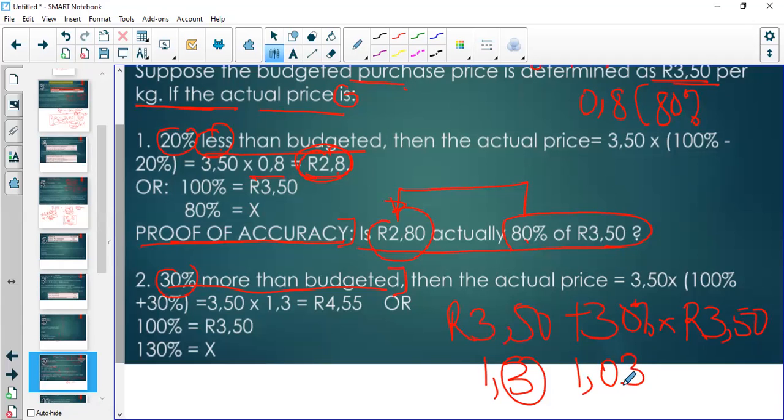3% is 1,03. Have you seen how many students, when they are told that there's a 7% increase, go and say 1,7? When they are told there's a 3,5% increase, they go and say 1,35. A lot, and a lot, so that it becomes worrying why you would reason like that.